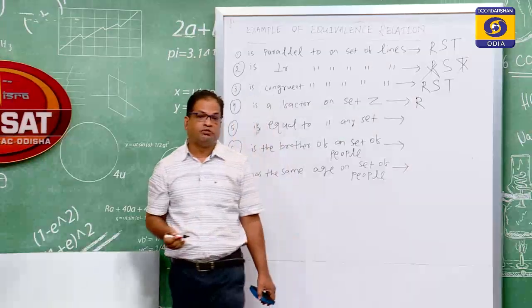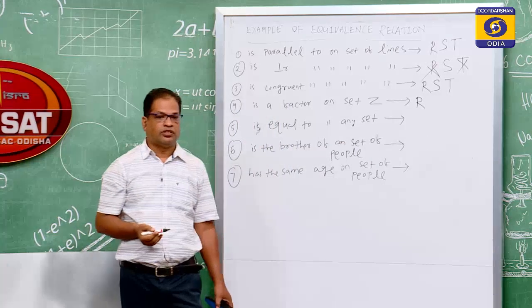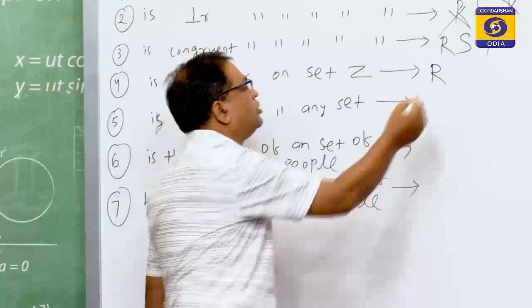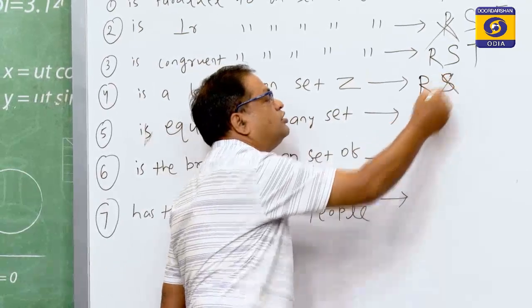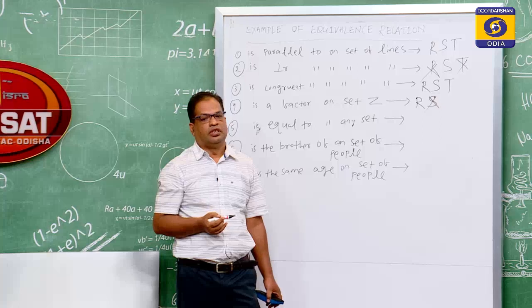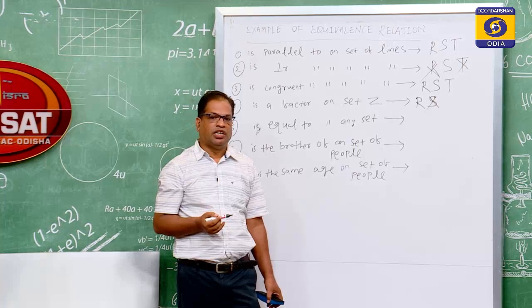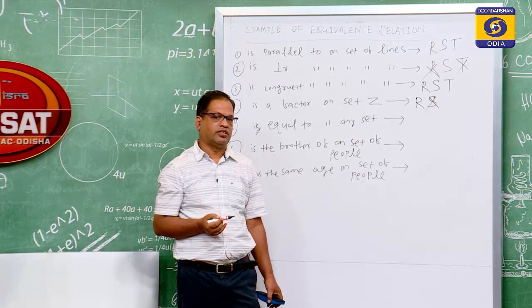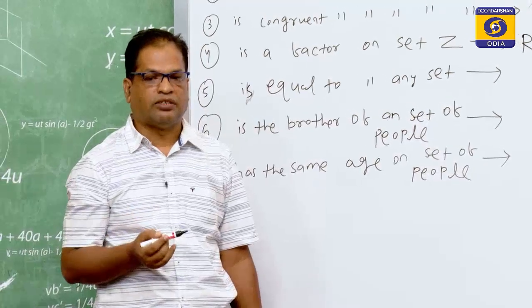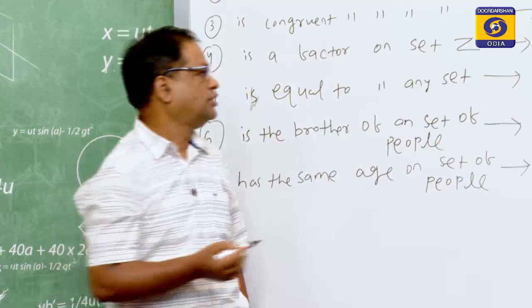Now, this is not symmetric, because if 3 is a factor of 6, 6 is not a factor of 3. Then transitive: if x is a factor of y, y is a factor of z, automatically x is a factor of z. So if 3 is a factor of 6, 6 is a factor of 18, then 3 is also a factor of 18.